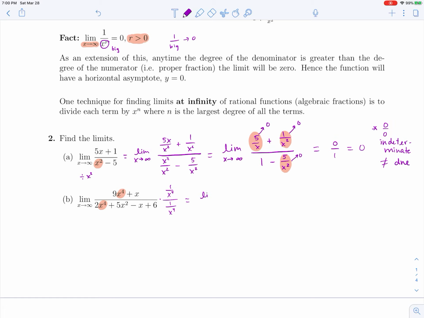So what we get is the limit as x approaches infinity, dividing everything by x to the 4th, we're going to get 9 plus 1 over x cubed over 2 plus 5 over x squared minus 1 over x cubed plus 6 over x to the 4th.